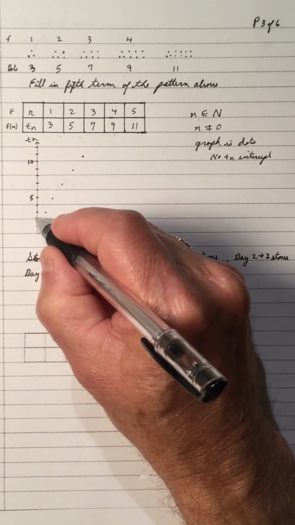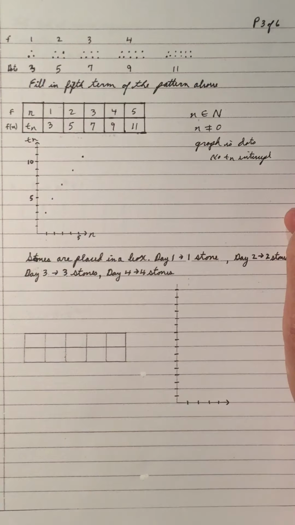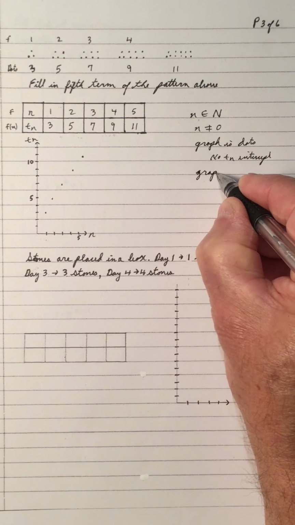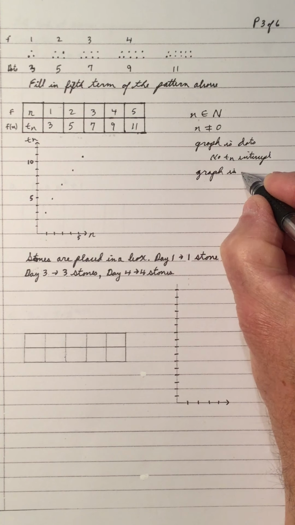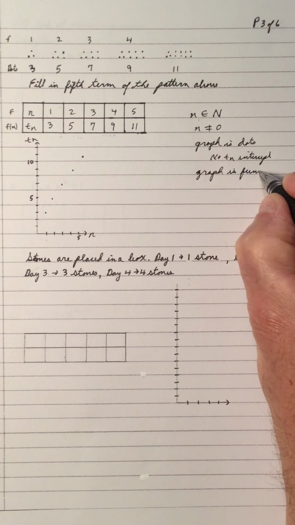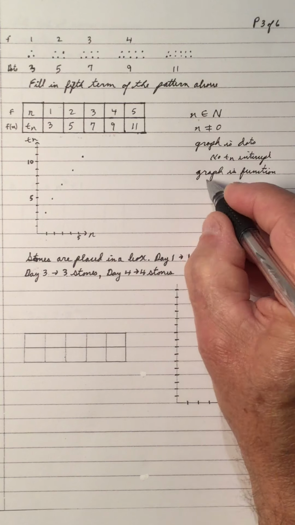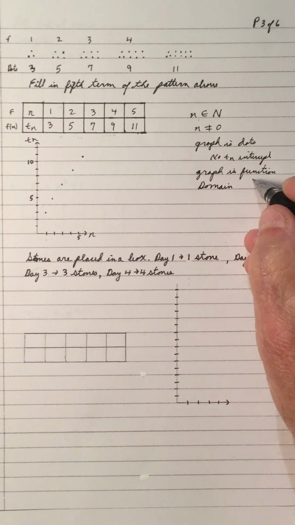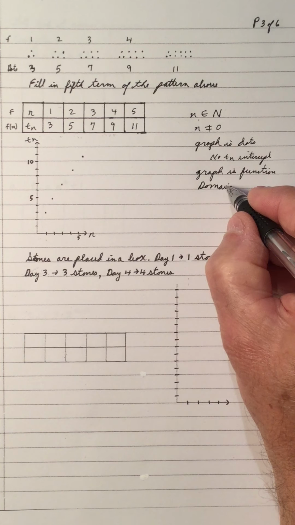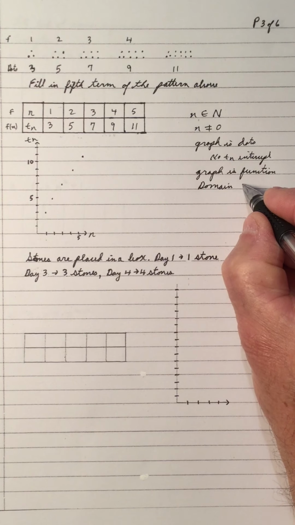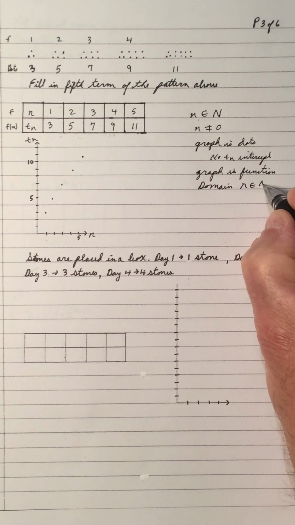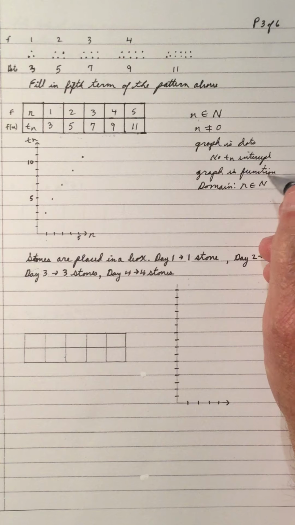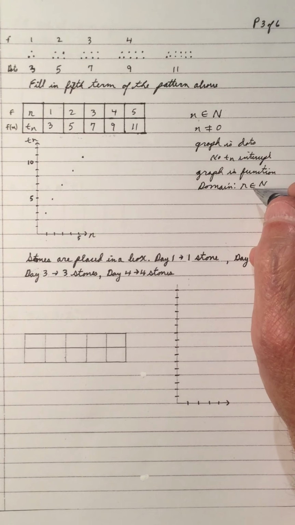We don't have n equal to 0, so we can't put any dot there. And also, the graph is a function. And just to remind you, we could look at the domain. The domain is a set of x, but in this case the domain is a set of n, and the domain is n belongs to the natural numbers. Domains are the values of n in a sequence, and they're always natural numbers.